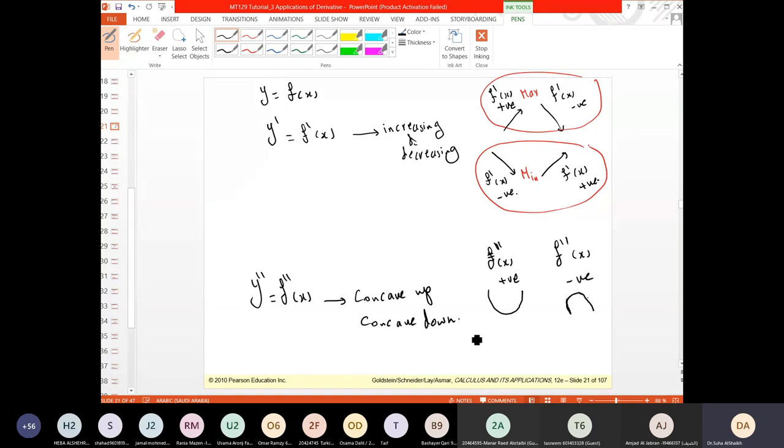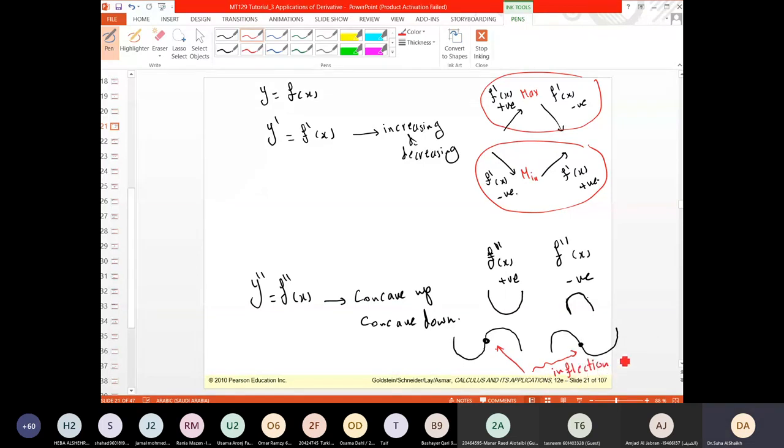If the function changed between being concave up and then it changed to be concave down, or it was concave down and it changed to be concave up, in this case, what do I call this point here? This point and this point, what do I call them? I call it inflection point.